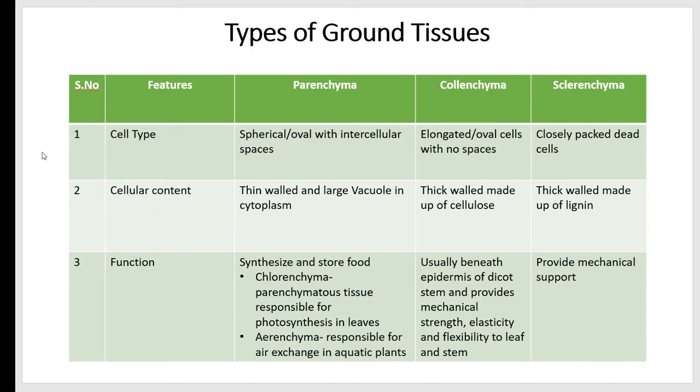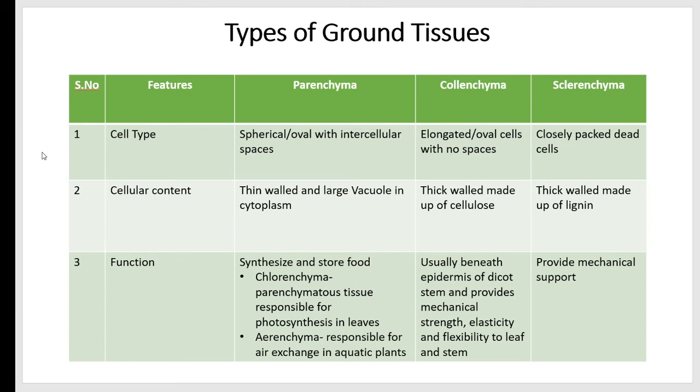So parenchymatous tissues are usually spherical or oval with intercellular spaces, whereas collenchyma have oval and elongated shape, but no space. Sclerenchyma are closely packed dead cells.